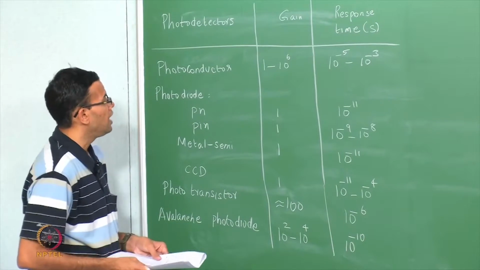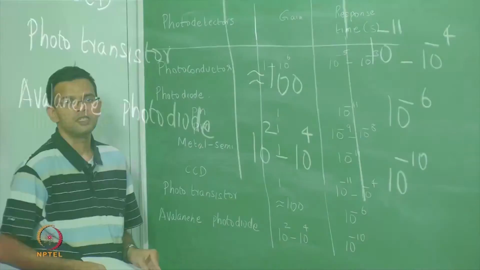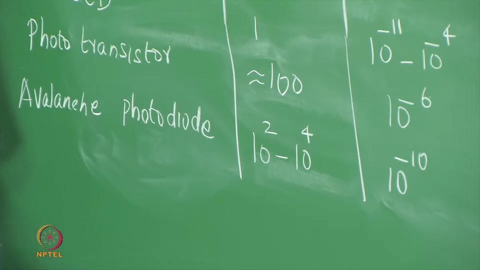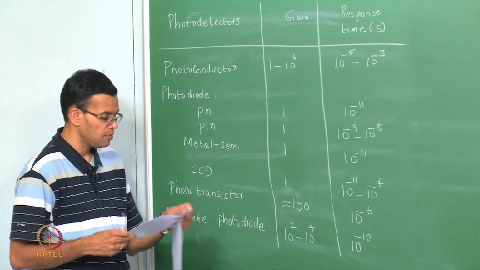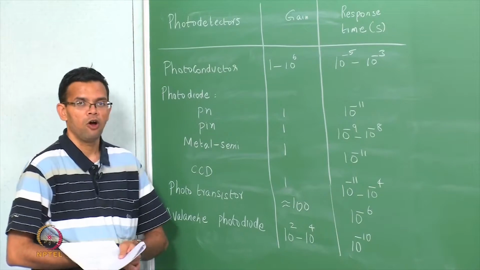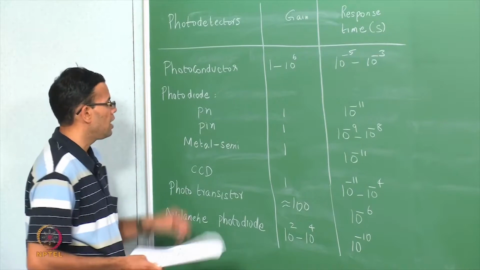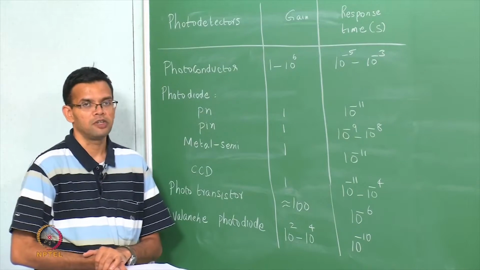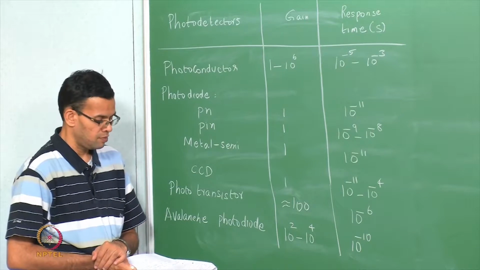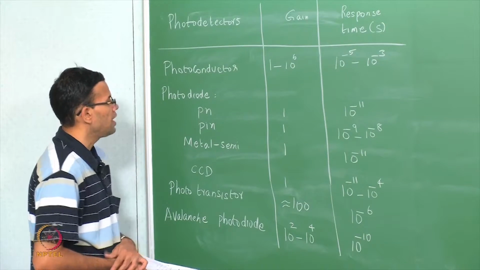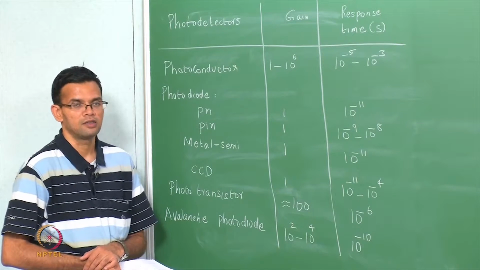So, we have a wide variety of photodetectors. These depend upon the type of materials you use and also on the junctions that are formed. We will not look at all of these, but we look at some examples in order to better understand the mechanism. So, the first thing we look at is a photoconductor.